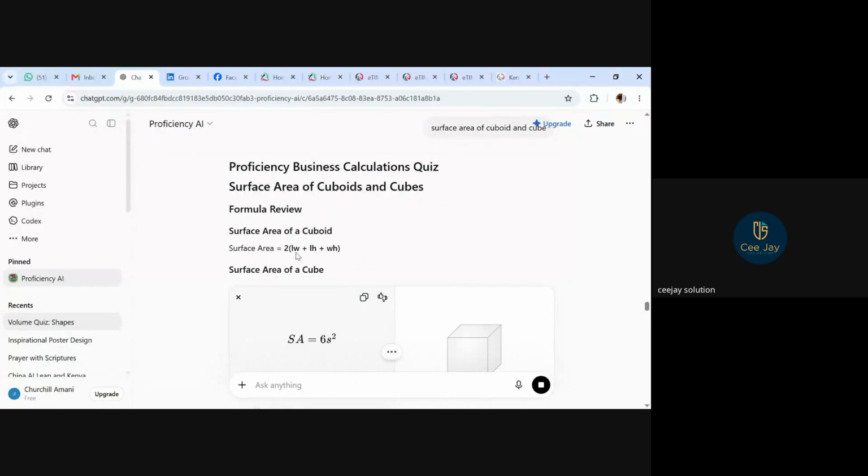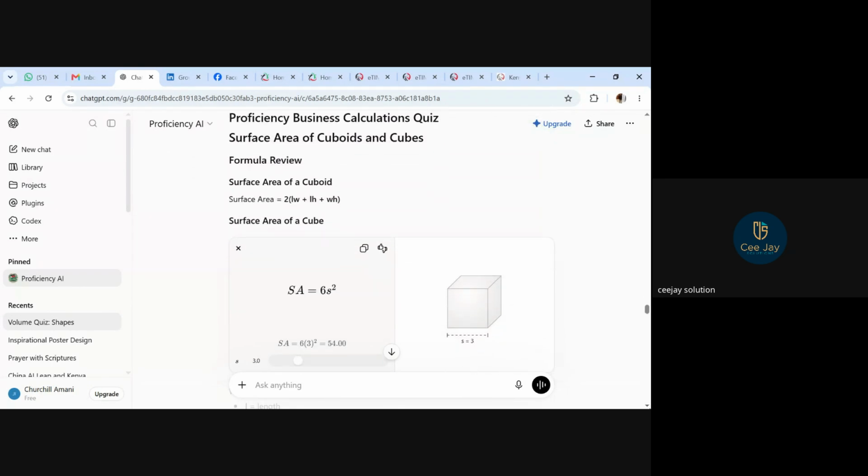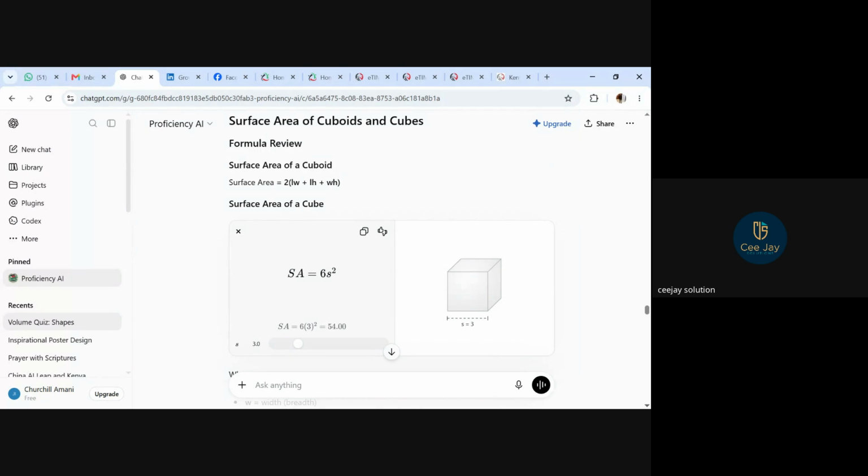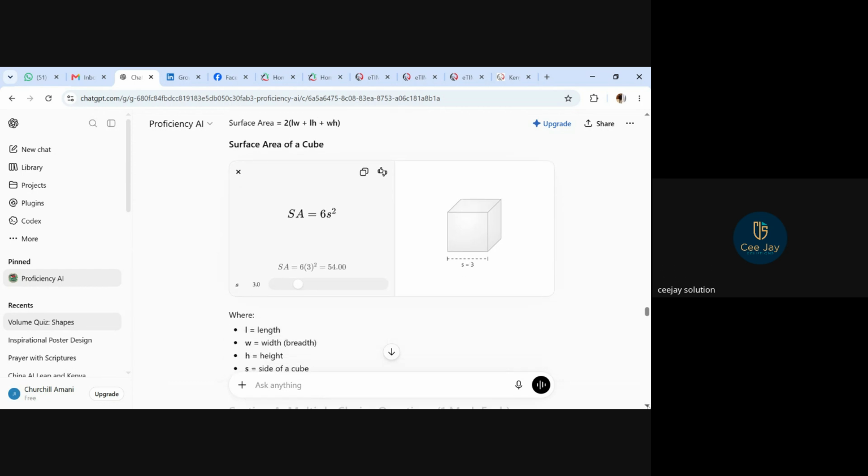The formula is 2 into bracket, length times width plus length times height plus width times height, close bracket. For cube, cubic wapi? This is now the cube.